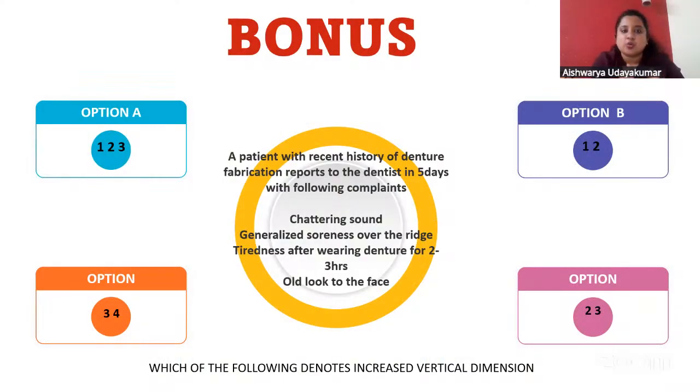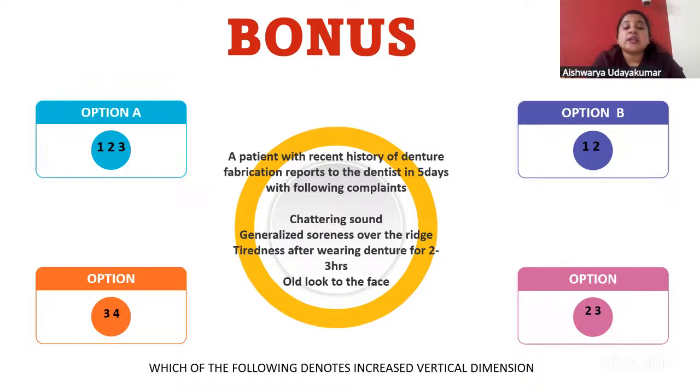Now I have a bonus case-based question. We have conquered around 30 questions. So we end with this question: a patient with recent history of denture fabrication reports to the dentist in 5 days with the following complaints: chattering sound, generalized soreness over the ridge, tiredness after wearing denture for 2 to 3 hours, old look of the face.